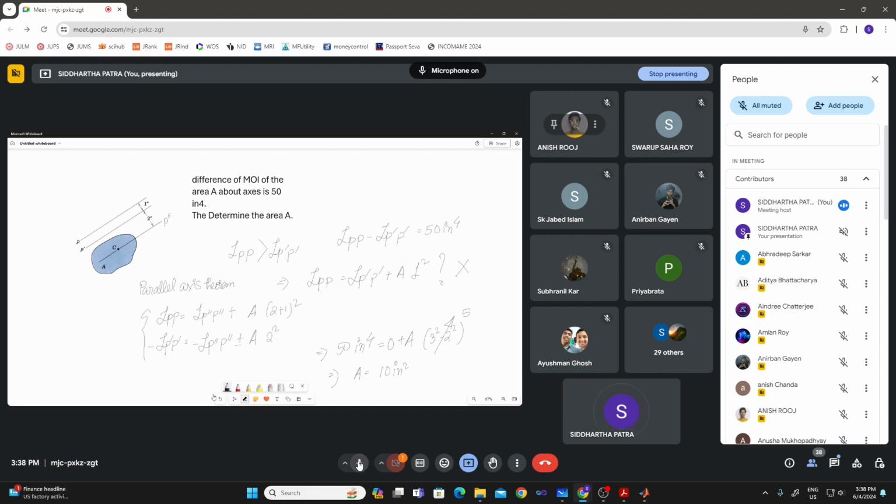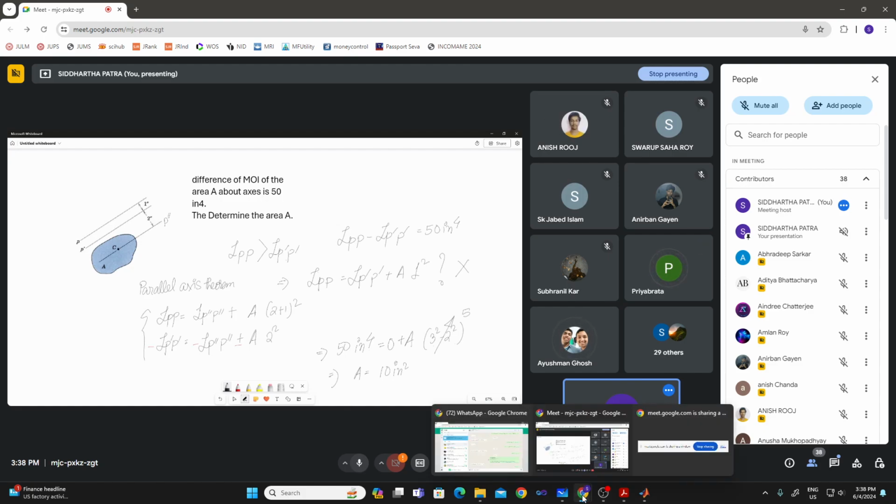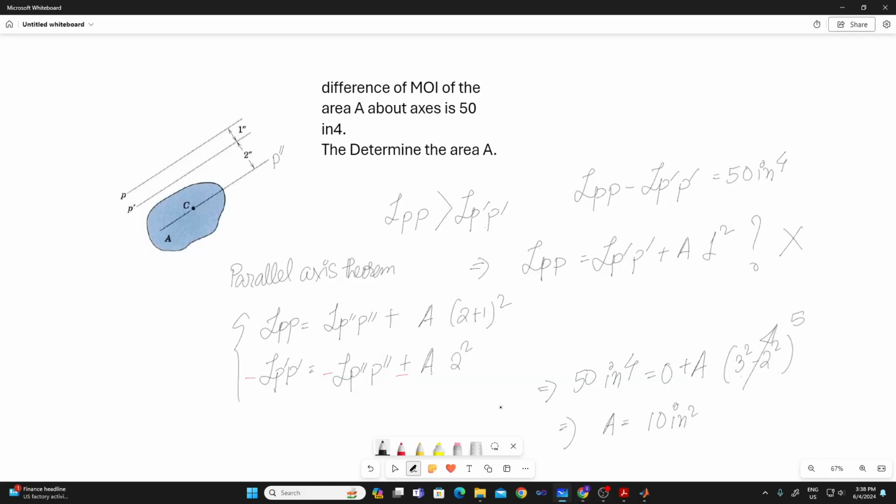Okay, so is that part clear? Yes, sir. Is there a minus sign before I P prime P prime? Which one? The last expression, sir. Originally the expression would be this.